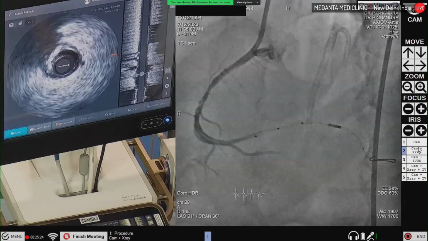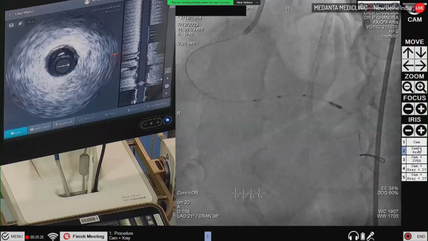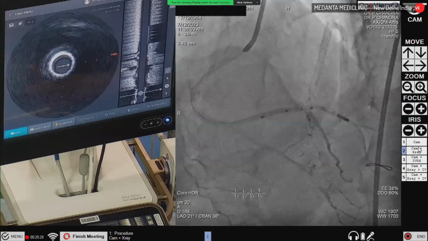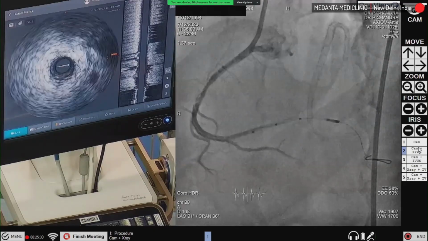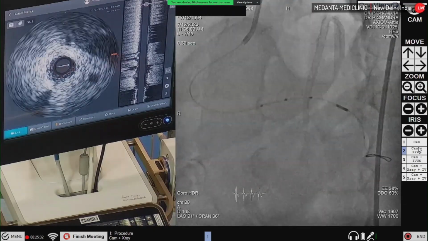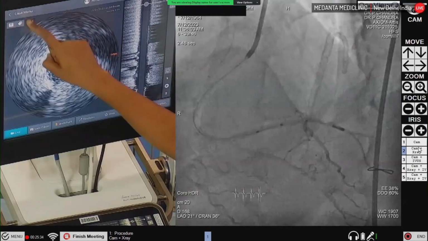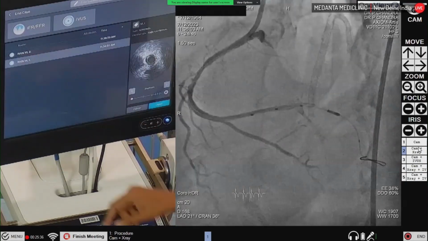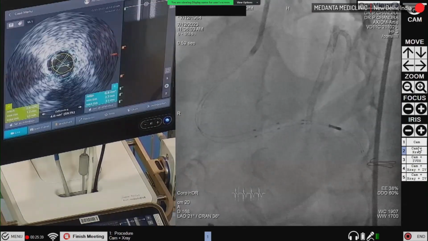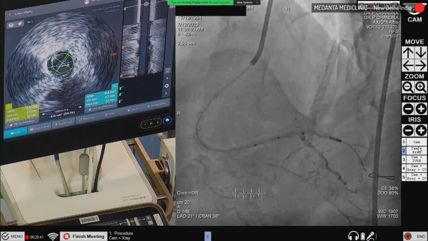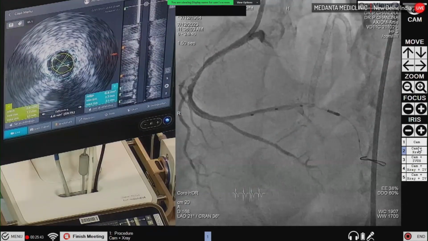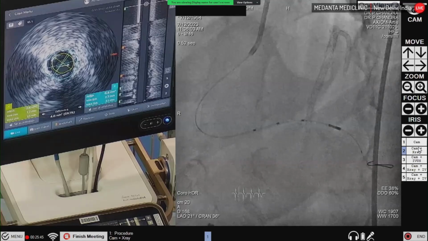I think 215 should be better. 215. Okay. We have to do cutting in LAD also if you want to take them. Yeah, so we'll use the same balloon for the LAD because that is also a 2 millimeter distal part. So we'll see. That is next.